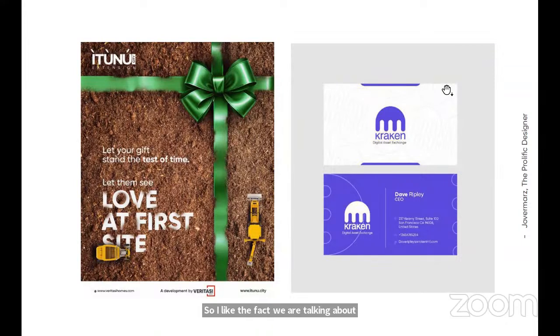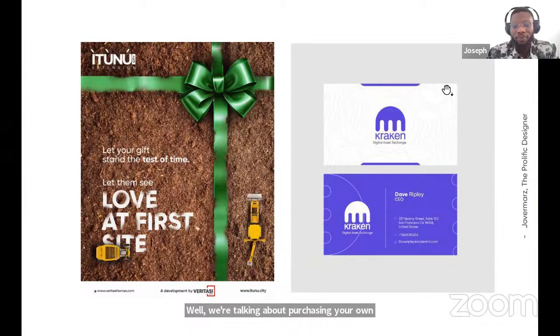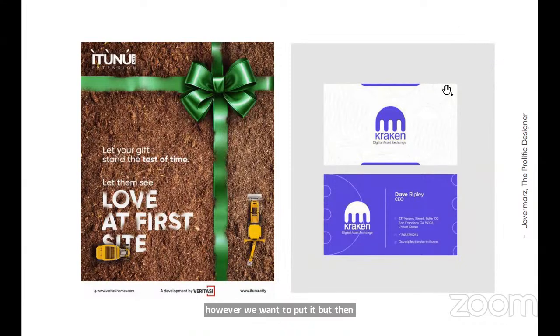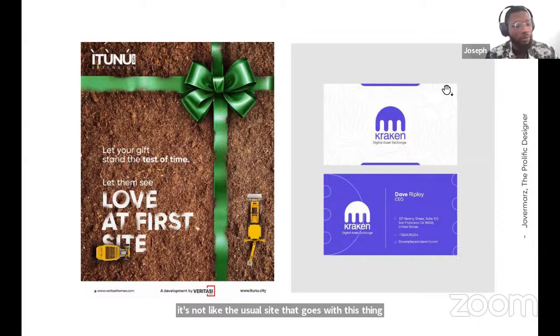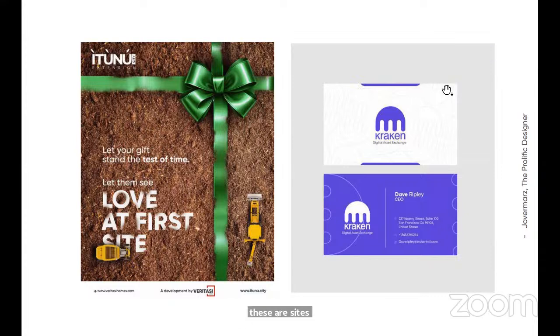Go on. Well, we were talking about purchasing your own plot or land, however you want to put it. But then the first thing that caught my attention was this "love at first sight." Now the site here is not like the usual site that goes with this saying. This is a site that speaks about land, when you're on site working.